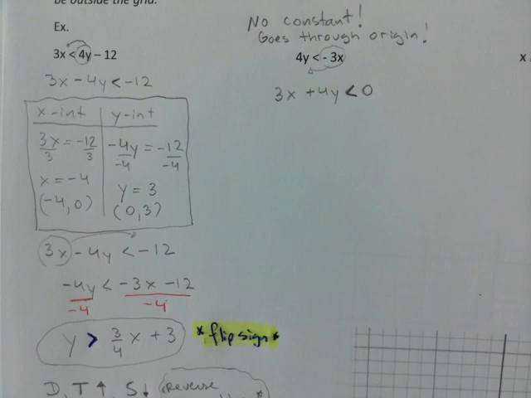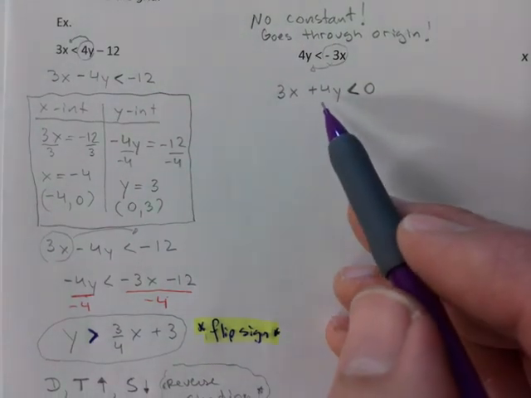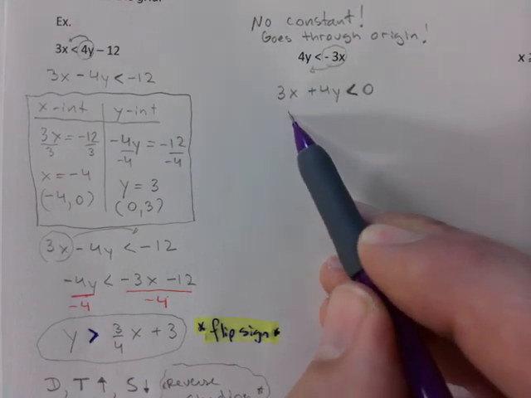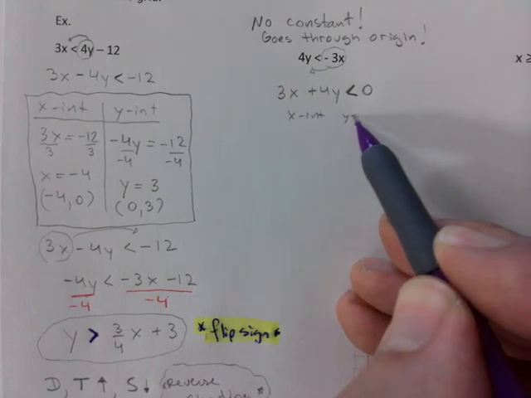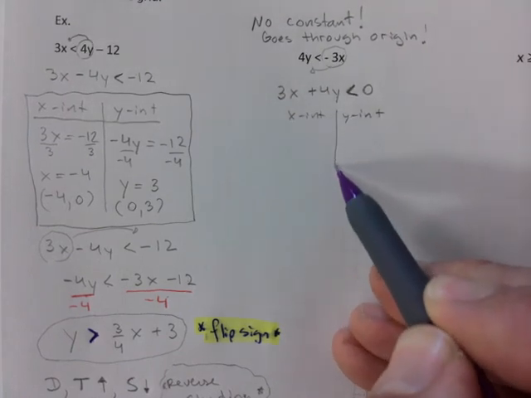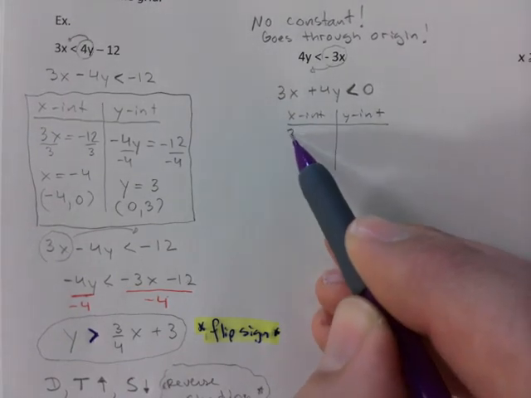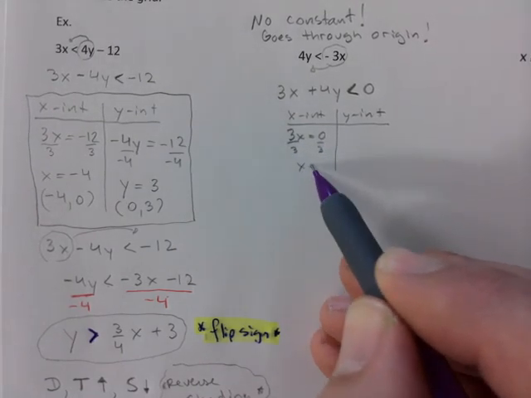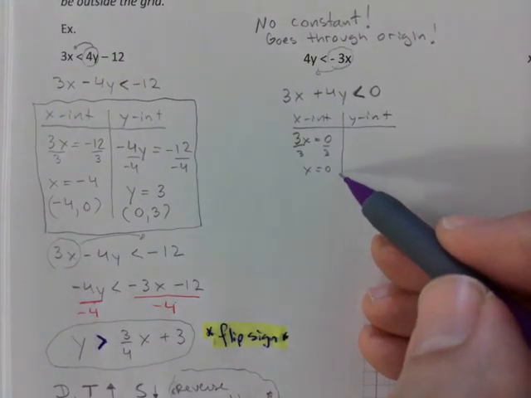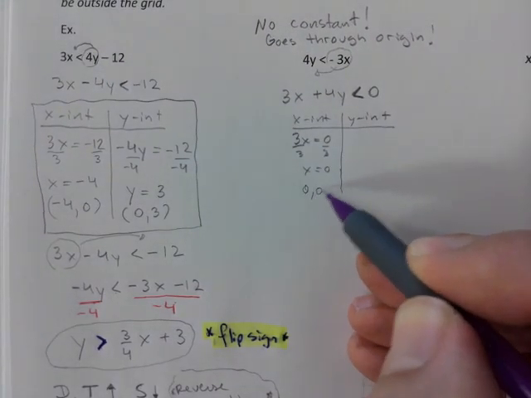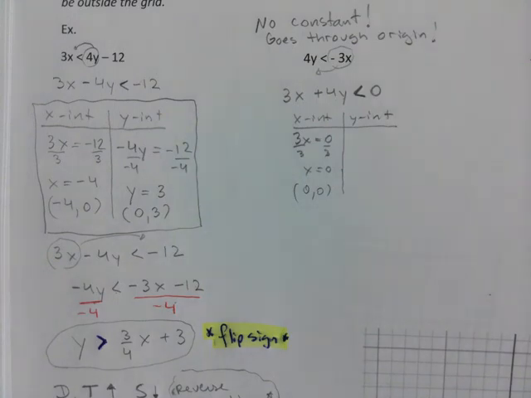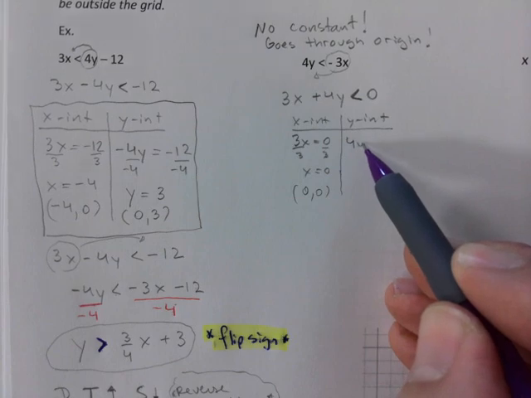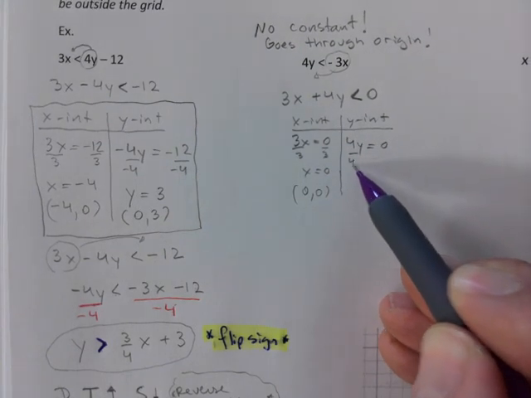So if you find the x-intercept and the y-intercept, you're going to get 0, 0 for both of them. That's going to be 3x is equal to 0. Divide both by 3, x is equal to 0. So 0, 0 is our x-intercept. And you're going to find that 4y is equal to 0, same thing.